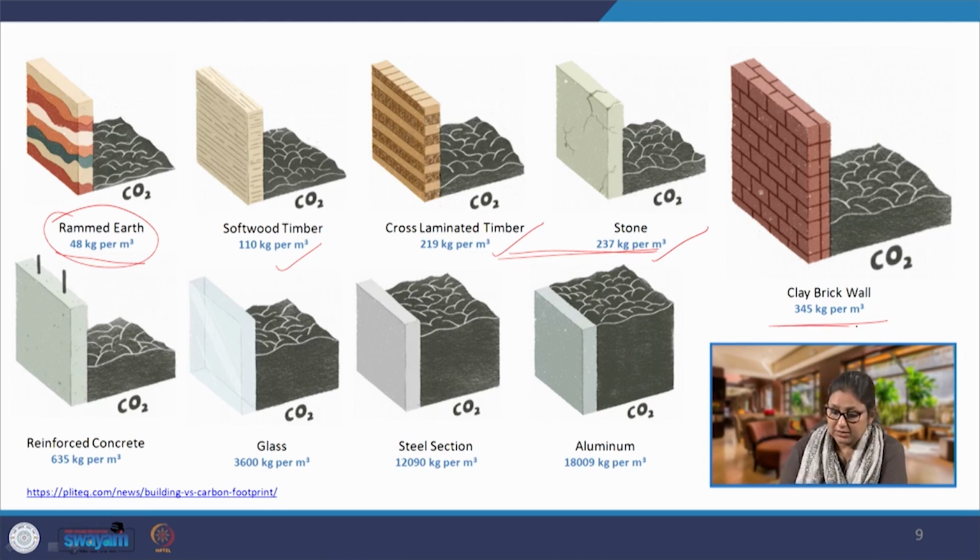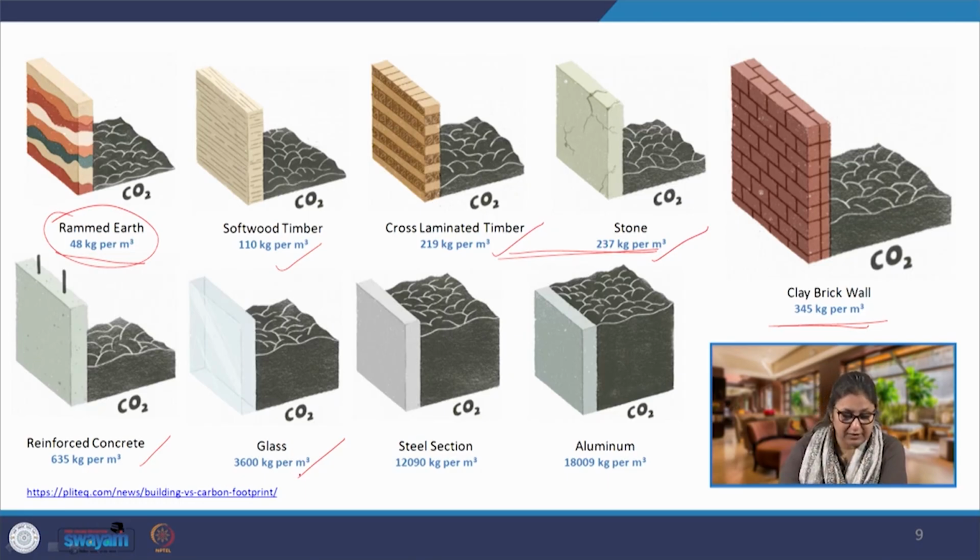Now, look at this number, and now we go on. Reinforced concrete is almost double of it. We are talking about reinforced concrete where steel is being added into it. Then we talk about glass, which is causing at least 6 times the emissions as compared to reinforced concrete despite the steel going into it.